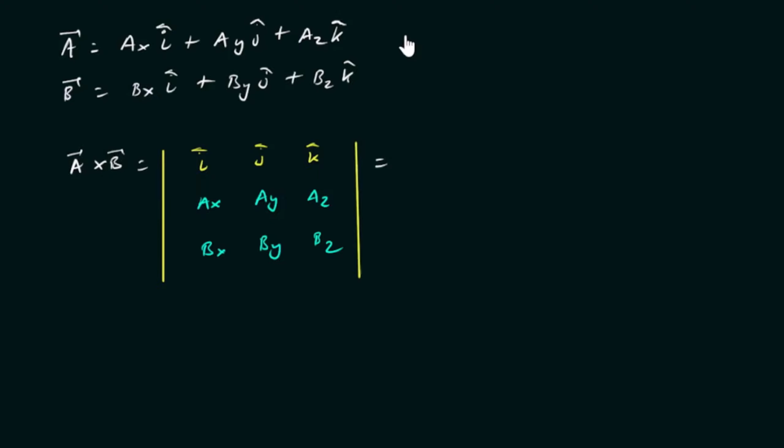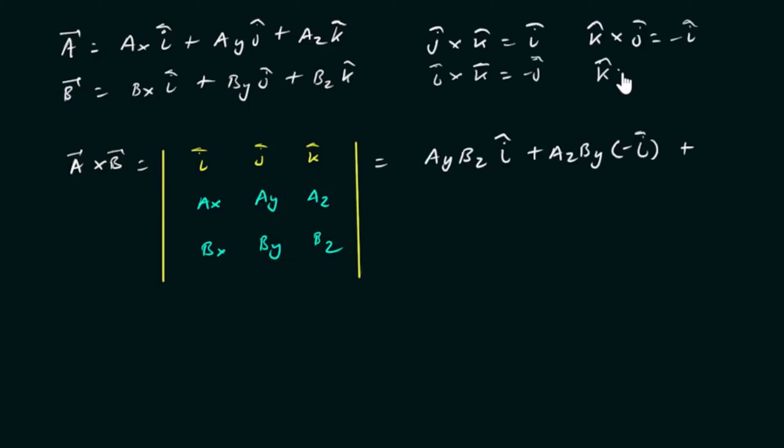Now to find the J cap component of the cross product, we know that I cross K is minus J and K cross I is J cap.